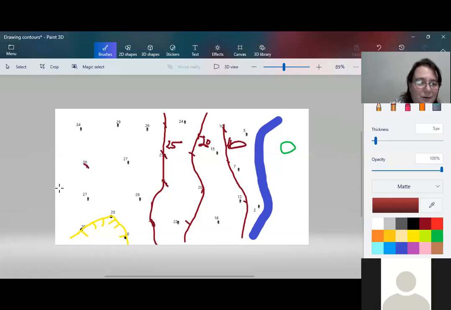Nope, 30 will be somewhere over here. 34 and 29, so 30 will be like here. And there's your 30 right there. And that's how you create contours. And you don't have to worry about these in here.